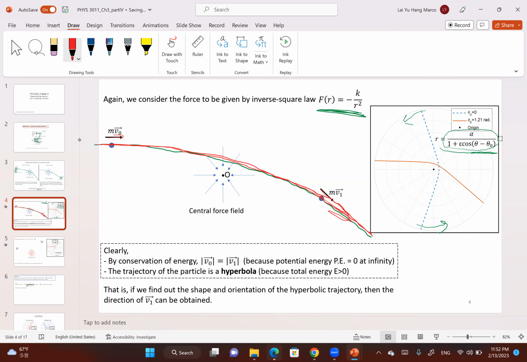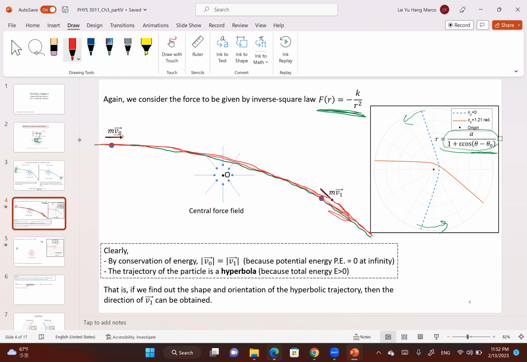That is to say, if I'm able to find the shape and the orientation of the hyperbolic trajectory, then the direction of the V1 can be obtained.